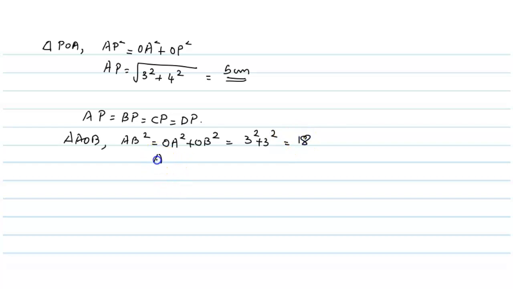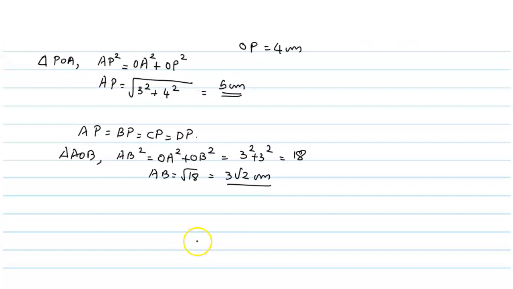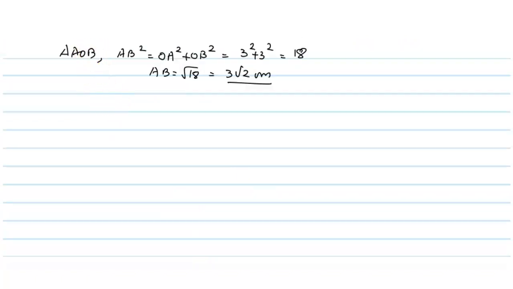So AB is equal to root 18. So root 18 is 3 root 2 centimeter. So we got the AB value as 3 root 2. Since AP and BP are same, we have BP is equal to 5 centimeter and AB is 3 root 2 centimeter.